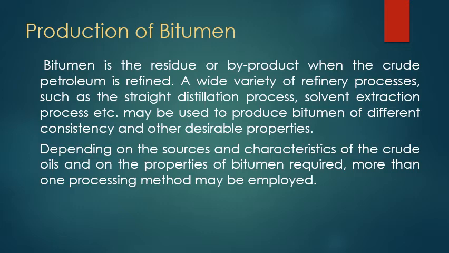And it's not that you keep on increasing the temperature and it will become like water. It has its own viscosity, and after a certain temperature it will burn also, right? So for the construction of bituminous pavements, the paving grade bitumen is heated to a temperature in the range of 130 to 175 degrees Celsius, or even slightly higher, depending on the type and grade of bitumen and the type of construction work.